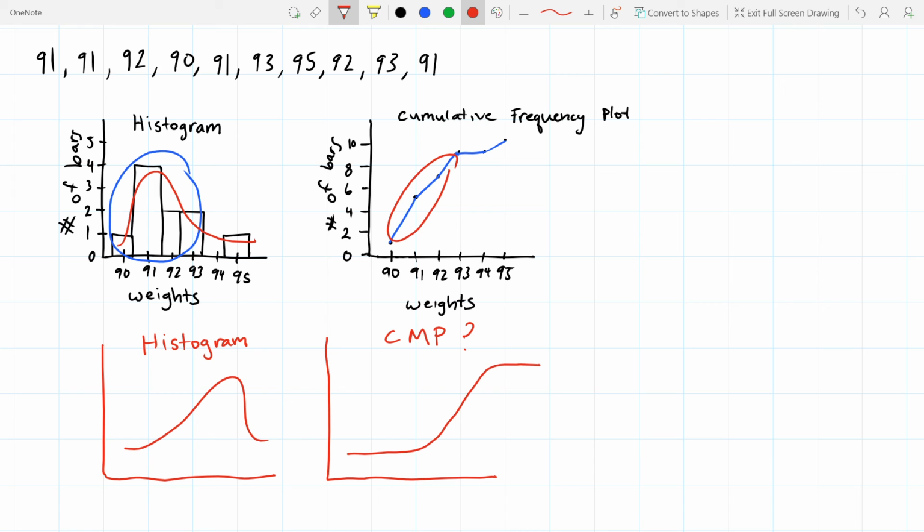And always remember that a cumulative frequency plot can never go down. As long as we have only positive values in our histogram, we can never decrease in our cumulative frequency plot. So that summarizes cumulative frequency plots and gives a brief review on histograms.